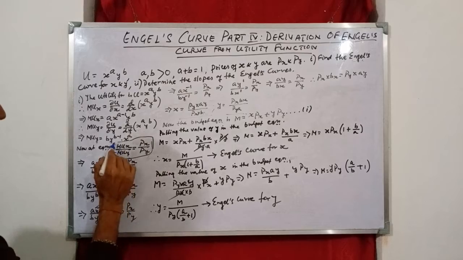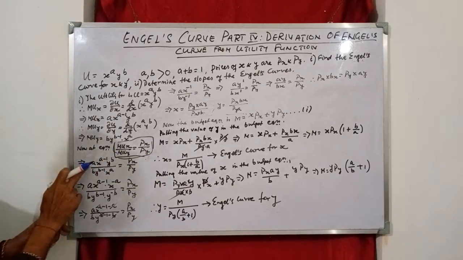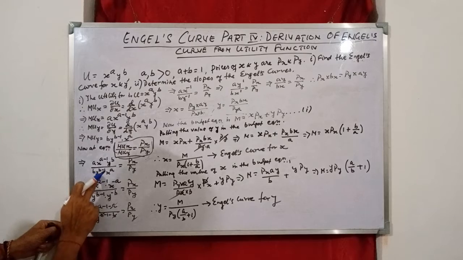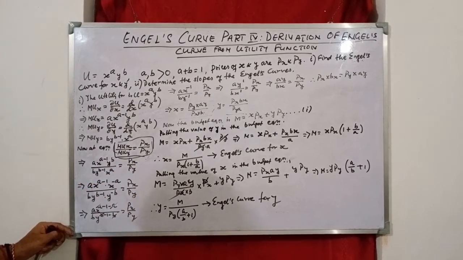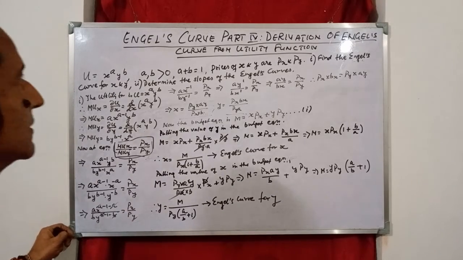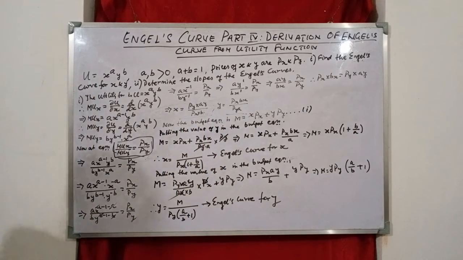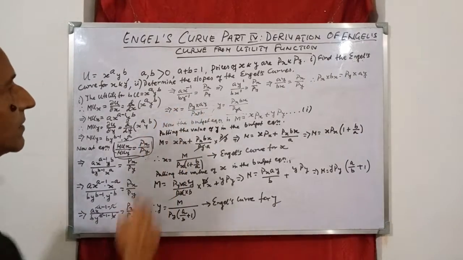So a x to the power a minus 1 into y to the power b divided by b y to the power b minus 1 into x to the power a equals px by py, and therefrom we have found out the values of x and y. Correct?